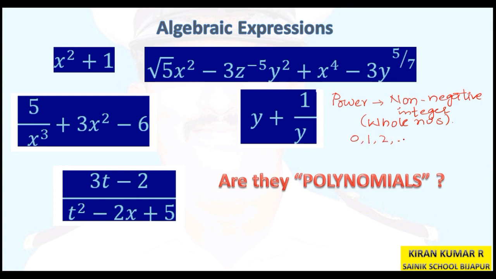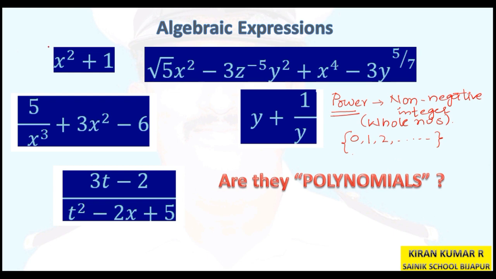Non-negative integers refers to 0, 1, 2 and so on. They are whole numbers. If the power of a variable is a whole number, then we say that algebraic expression is a polynomial.